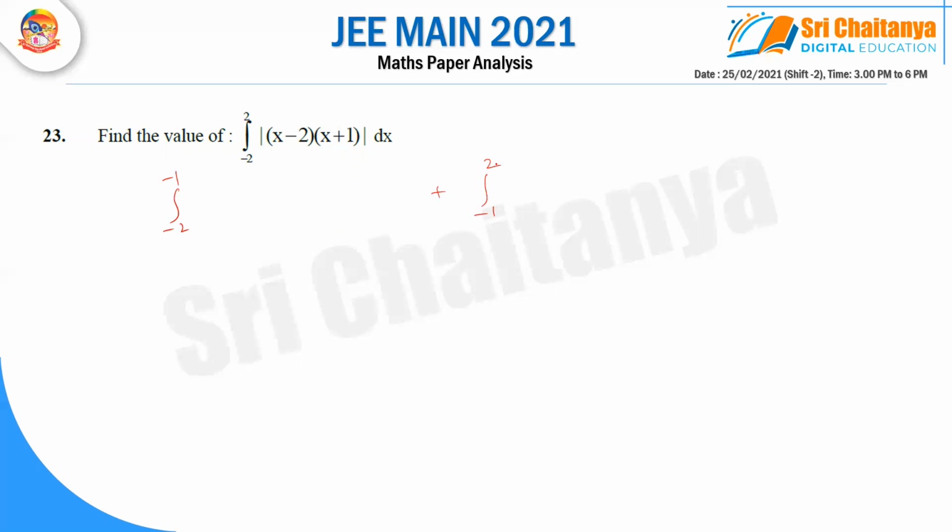So in the interval minus 2 to minus 1, I will write it as this, and in the other interval I will write it as (x minus 2) into (x plus 1) dx. Just expand this and solve it. You will be getting the answer as 19 by 3, which you can write as 6.33.